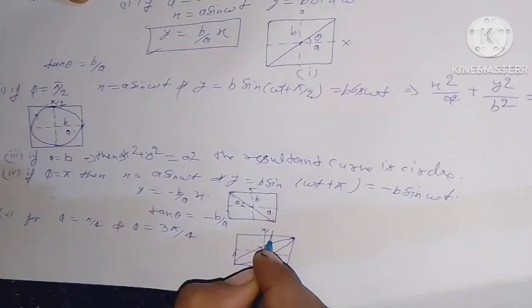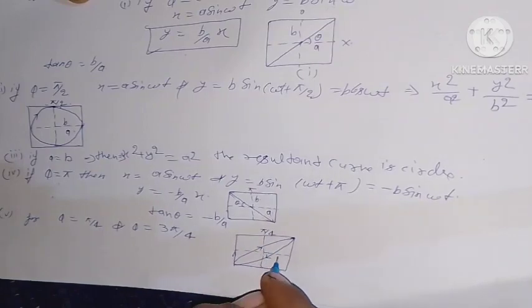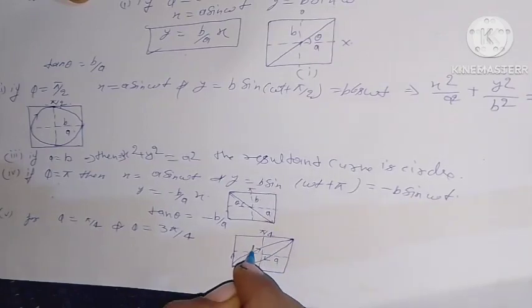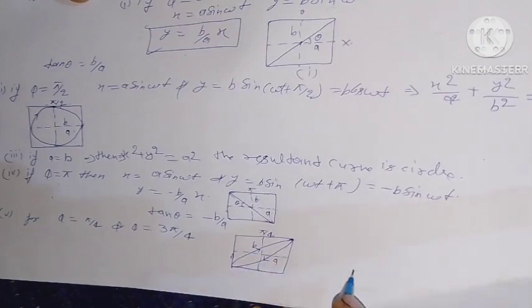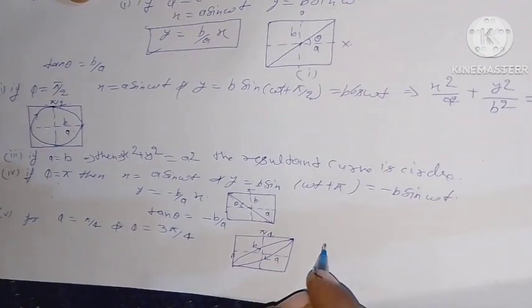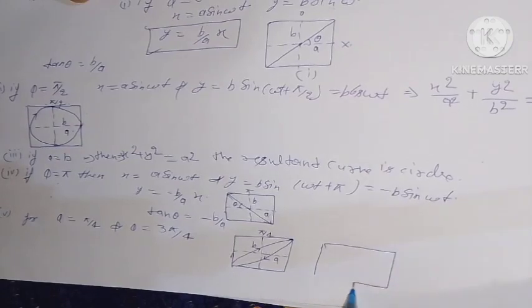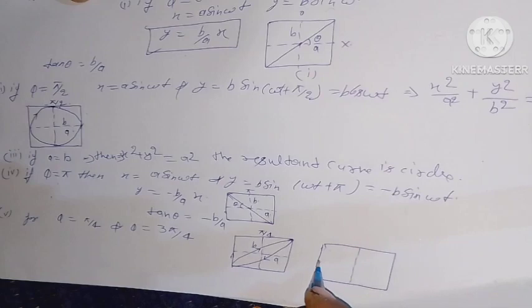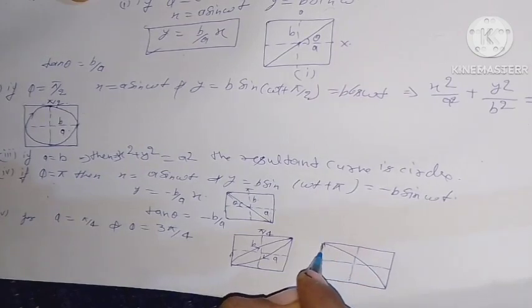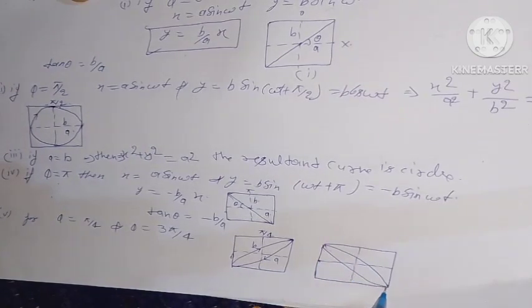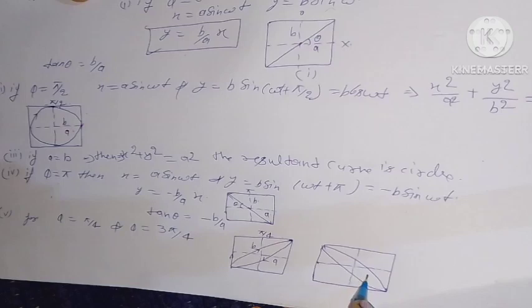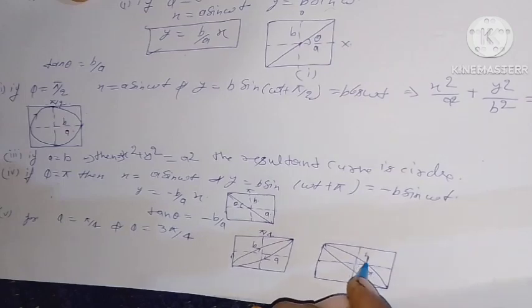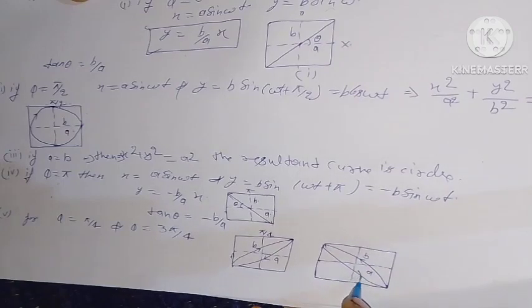This is pi by 4, and the second figure is just opposite.